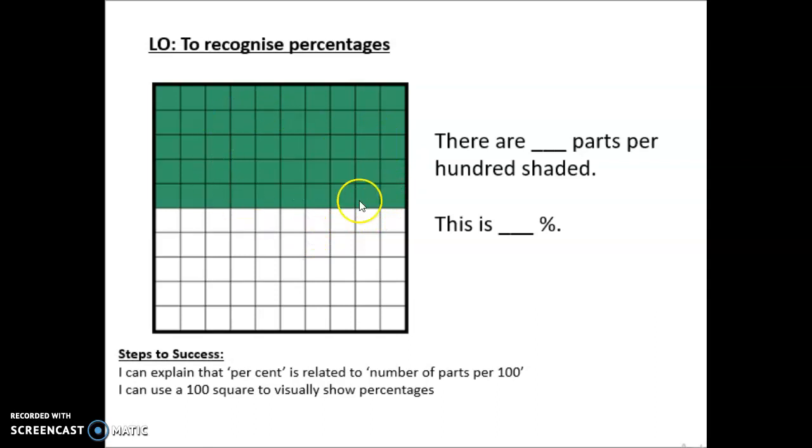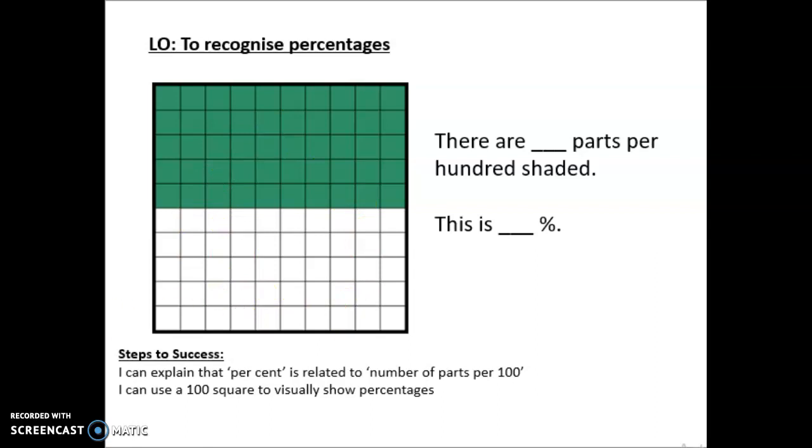How many squares are shaded? If we look, there are 50 parts per 100 shaded. And this is 50%. 50 out of 100. If you remember, the percent means out of 100. 50 out of 100 are shaded.